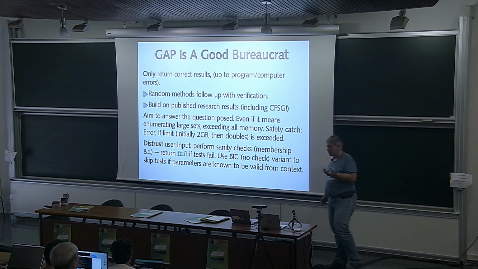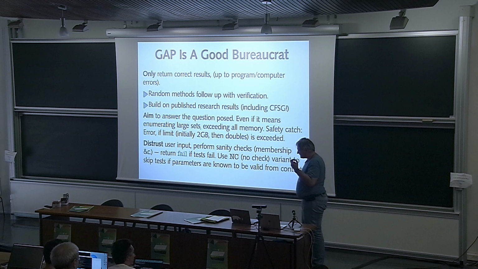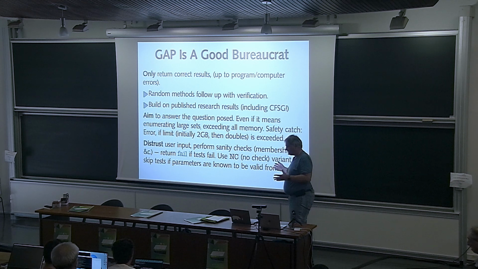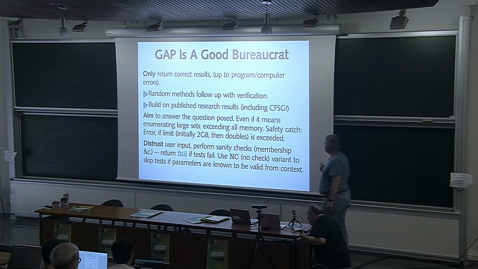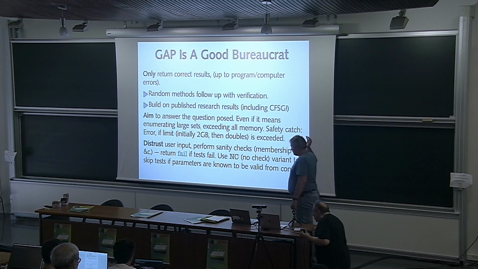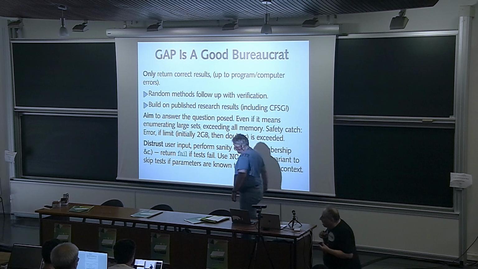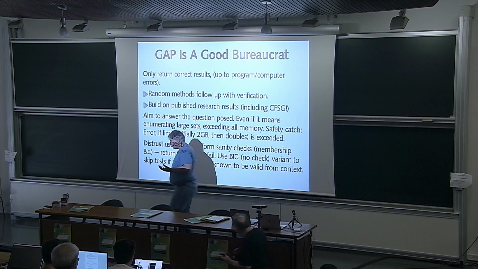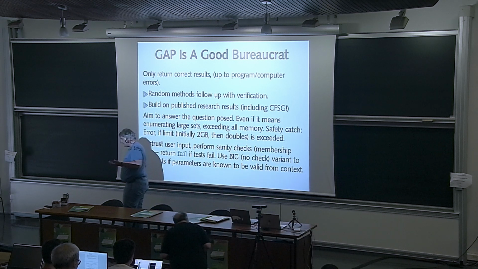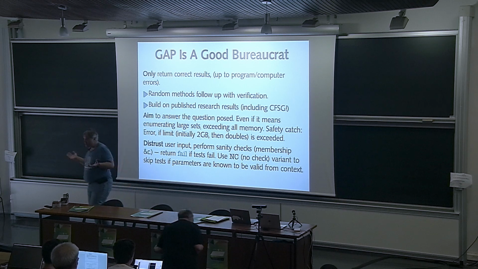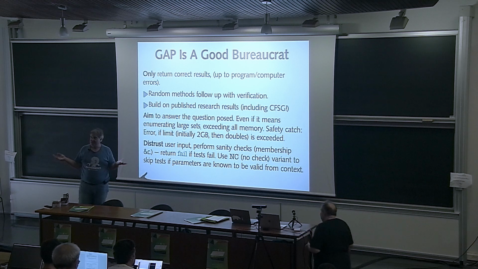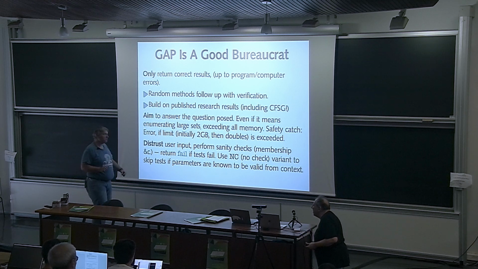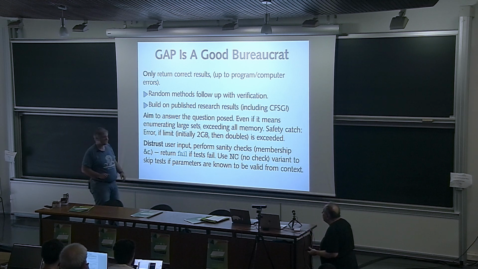Unless there are specific commands or it gives you a warning, the result is not just probabilistic. The result might depend sometimes on results of published classifications. So if you want to check the classification of finite simple groups, be aware that some algorithms actually use it.